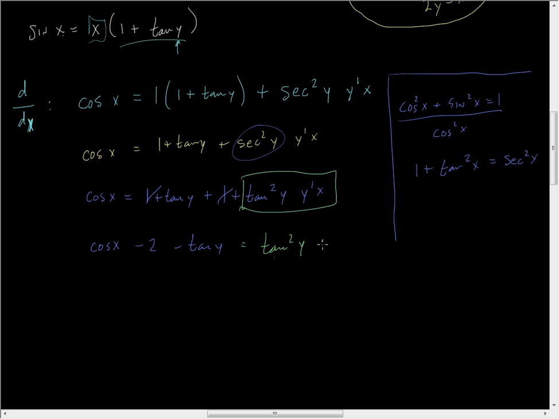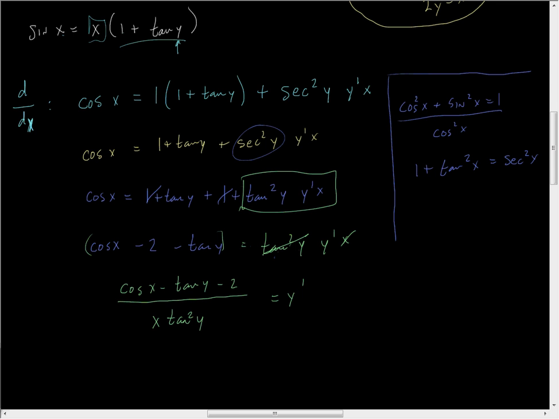And so now we'll go ahead and capture all that stuff. As we're moving it around, we get cosine x minus tangent y minus 2, all divided by x tangent squared y, equals y prime. So that's certainly one answer that we can come up with.